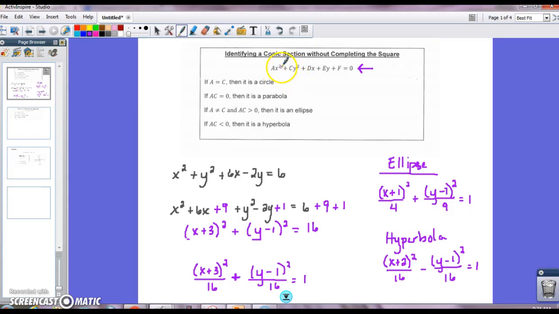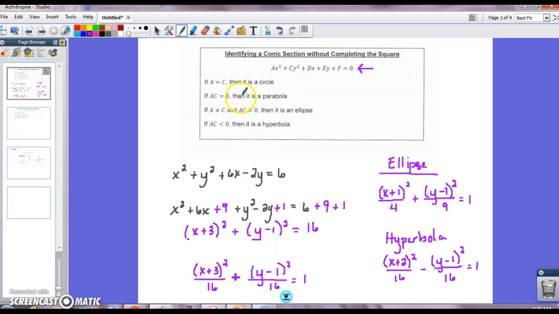Right? If there were no x squared term in our equation, then A would be 0. So A times C would be 0. So if A times C is 0, that means we have a parabola. It's also easy to tell if you have a parabola if only one of your variables is squared. Okay, but technically what you're doing is finding A times C.